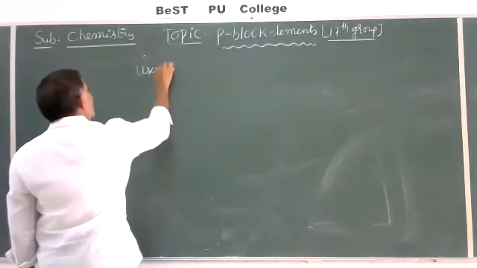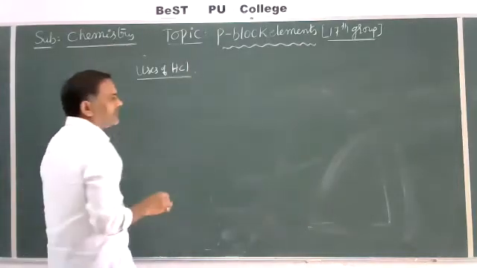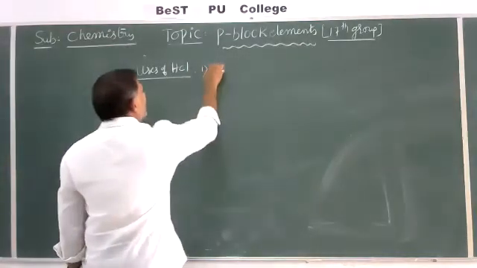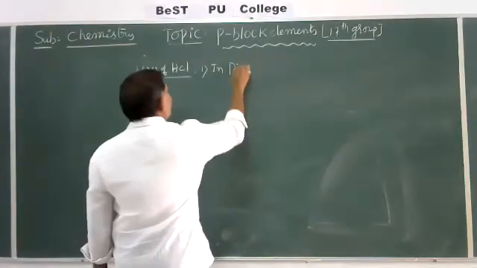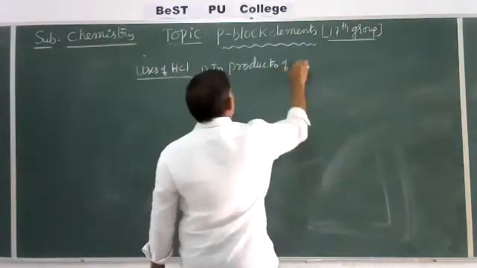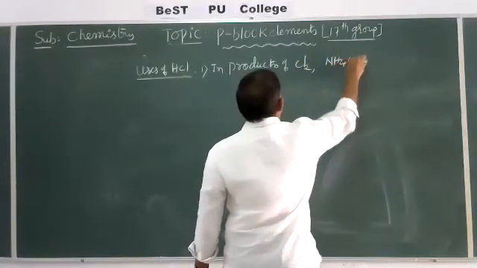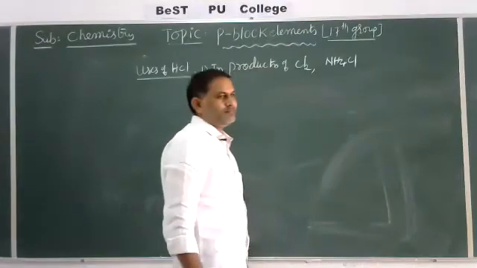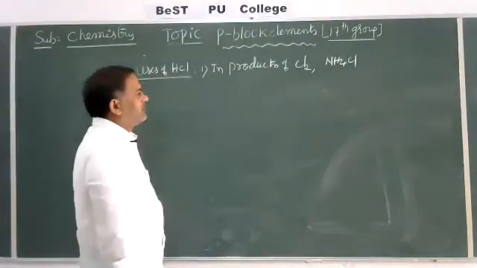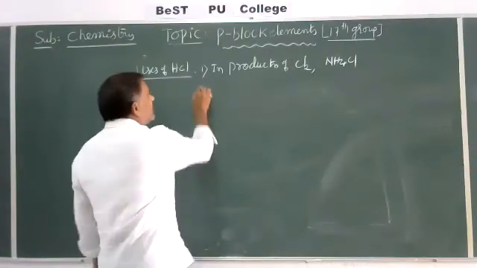It is used in the production of Cl2 gas as well as ammonium chloride, NH4Cl. So the main production is of Cl2 and ammonium chloride.